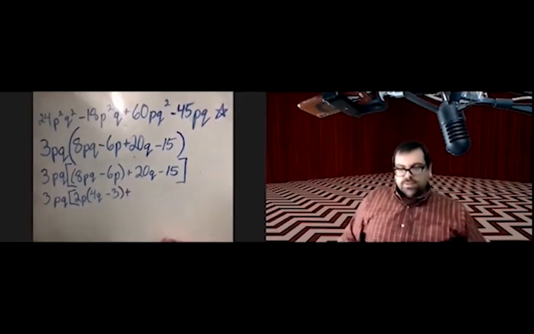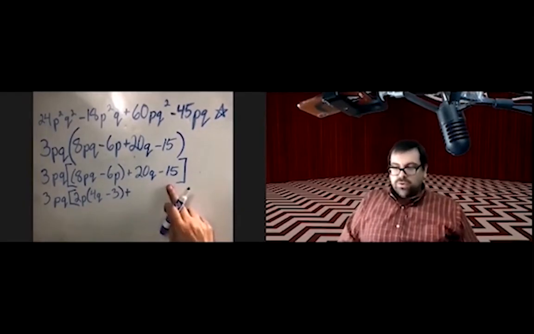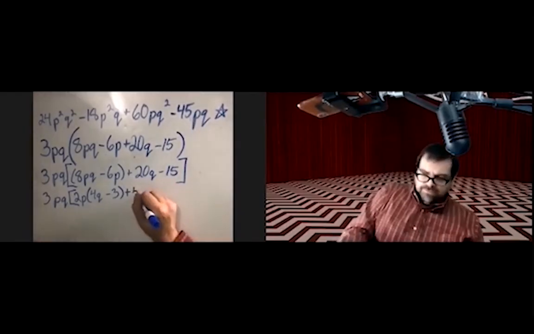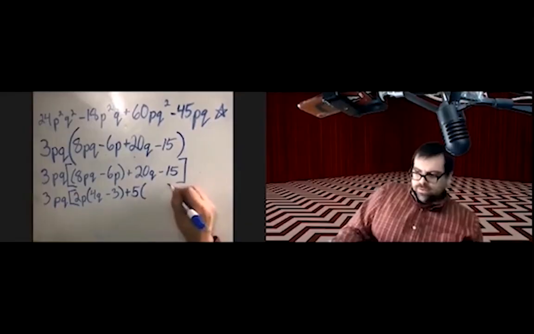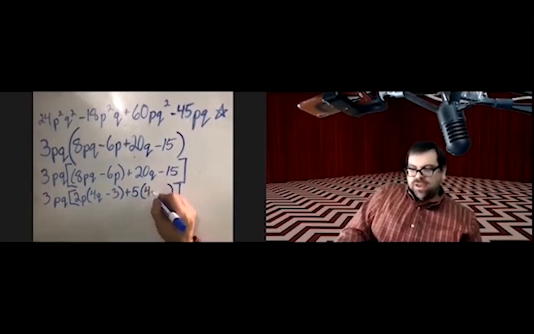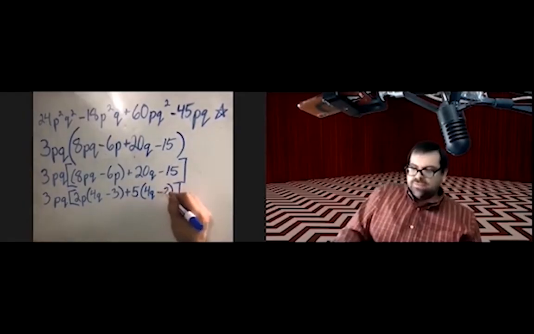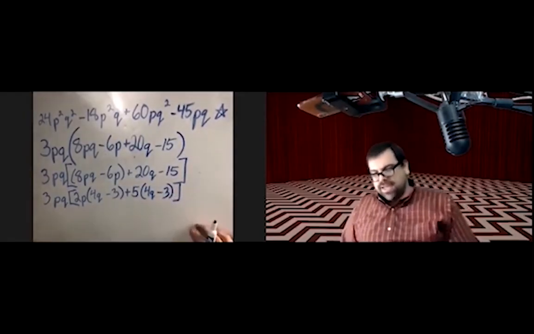Plus, so we're going to factor out something positive. 20q and 15, we can take out a positive 5. 5 times what is 20q? 5 times 4q. Positive 5 times what is negative 15? Positive 5 times negative 3 is negative 15.